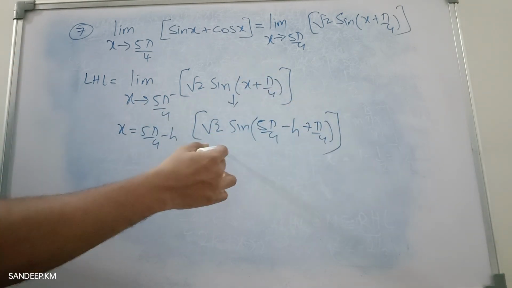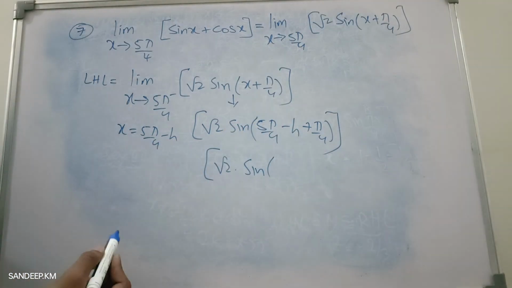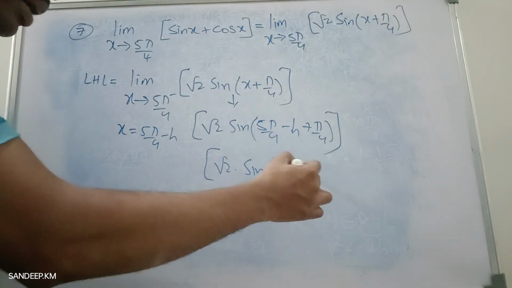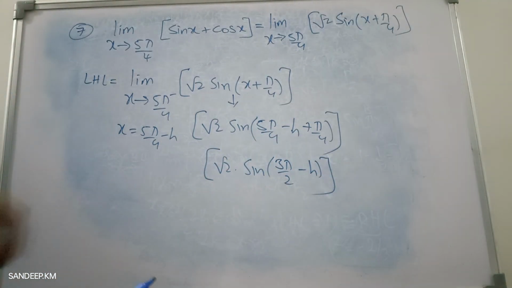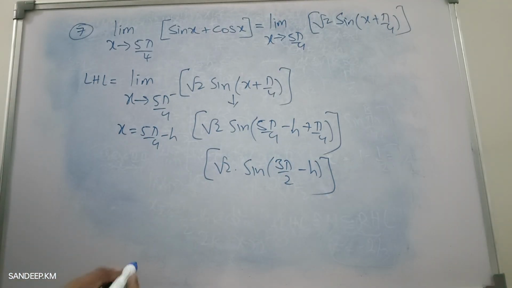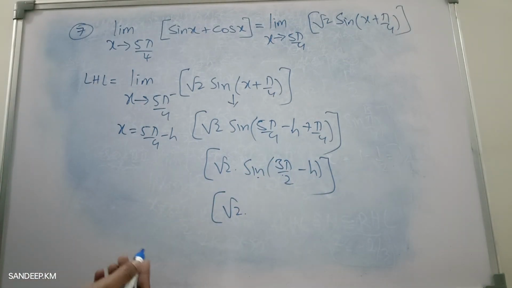So this is root 2 into sin of 5 pi by 4 plus pi by 4 is 6 pi by 4. 6 pi by 4 is 3 pi by 2, 3 pi by 2 minus h, and sin of 270 minus h. We already learned this in trigonometry. So root 2 into sin of 270 minus h is what, dear students?